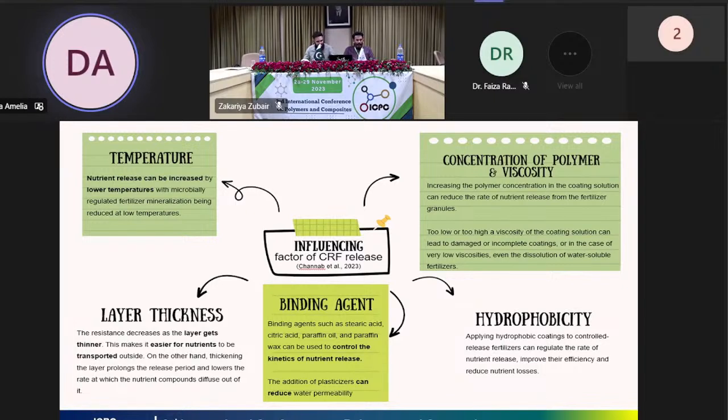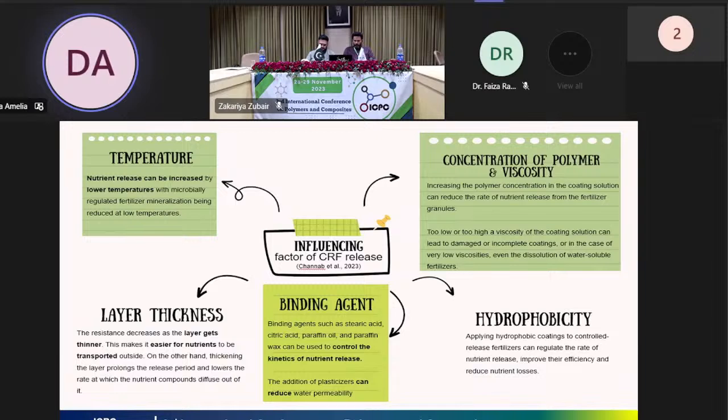The second is layer thickness. The resistance decreases as the layer gets thinner. This makes it easier for nutrients to be transported outside. On the other hand, thickening the layer prolongs the release period and lowers the rate at which the nutrient compound diffuses out.